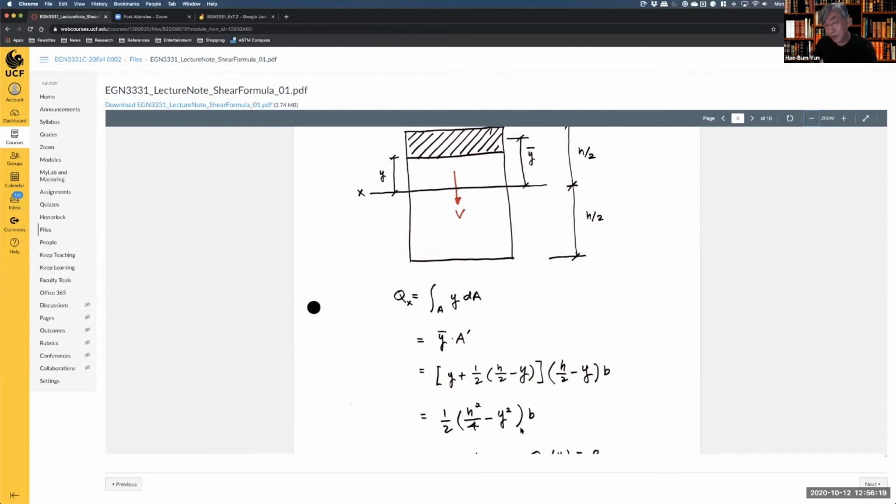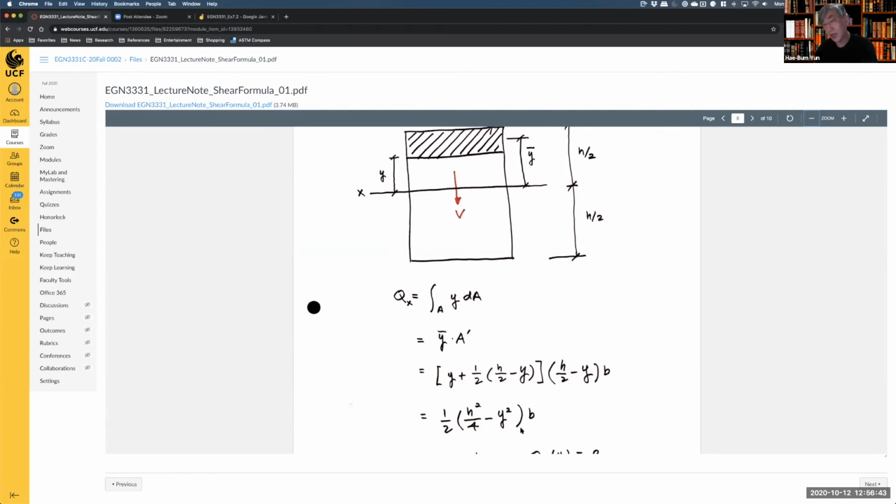Also, from statics, you learn that we have maximum shear when moment is 0, and 0 shear when we have maximum moment, right?